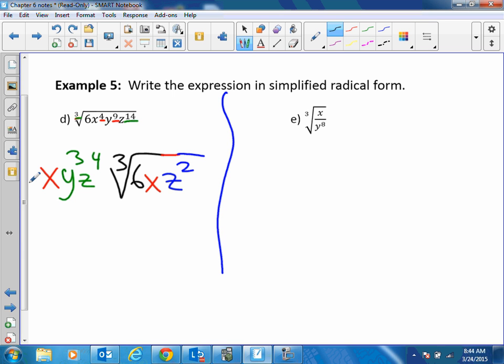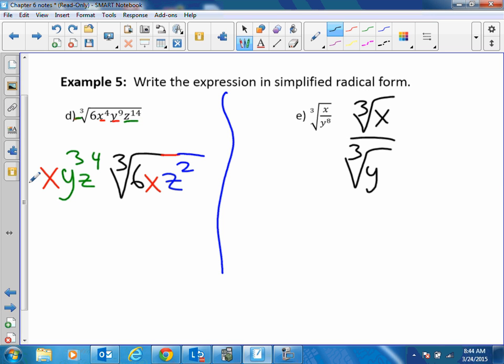Okay, last one, I break it apart into the cube root of x and the cube root of y to the 8th. Now, I can't have a radical in the denominator. The easiest way to do this is to make it so that this number right here is divisible by 3.